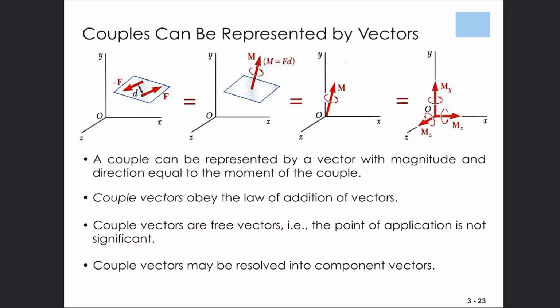So it can be placed at point O. So that is the vector moment. And to get the components, we can get Mx, My, and Mz, or the component vectors of the couple.